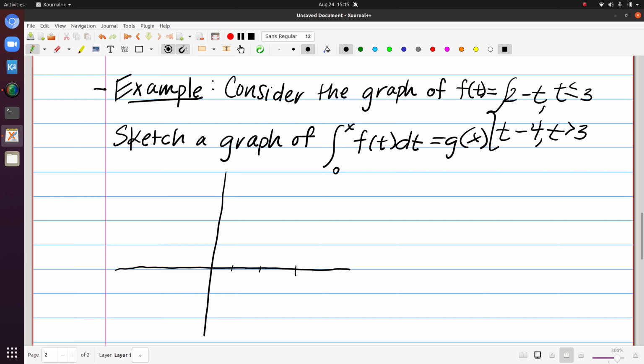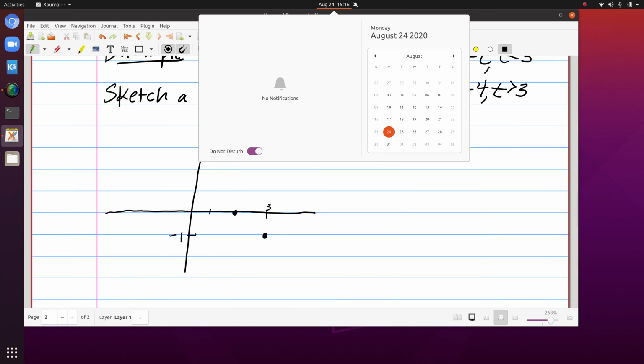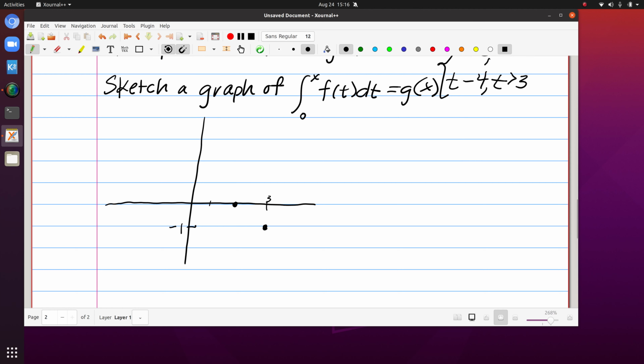So that function should pass through, let's see, this will be minus 1. Here's my 3. So we can sketch this.